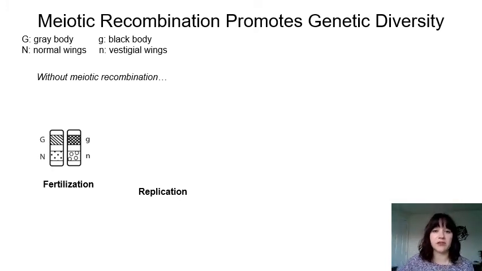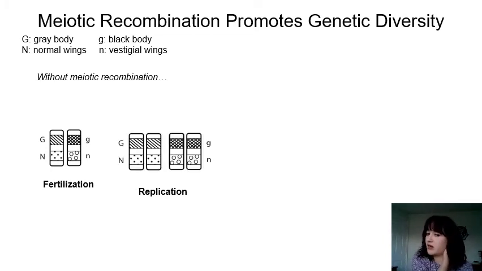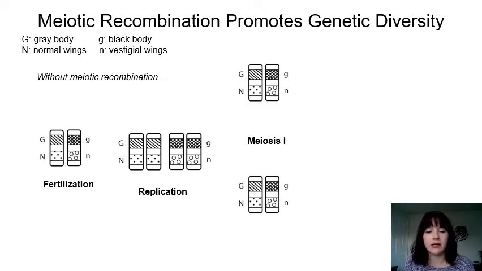And during meiosis, the first thing that happens is what? The DNA gets replicated. All right, so these two homologous chromosomes each get copied. What are their copies called? Sister chromatids. All right. Then the cell undergoes meiosis 1. These two homologous chromosomes get split apart.